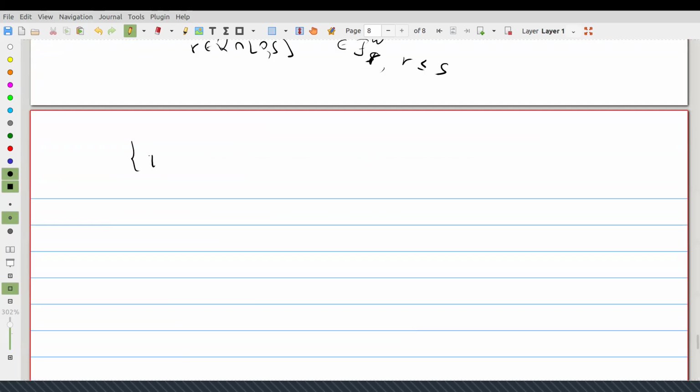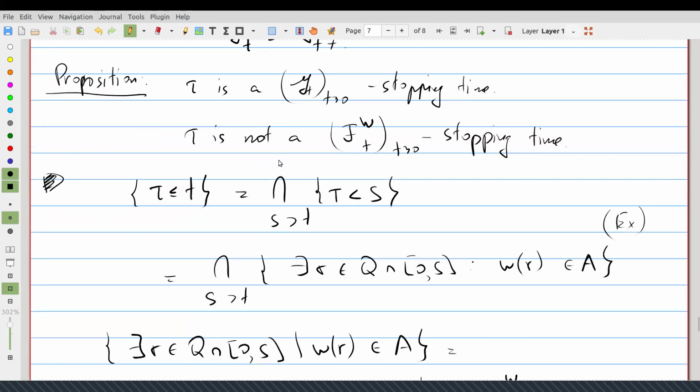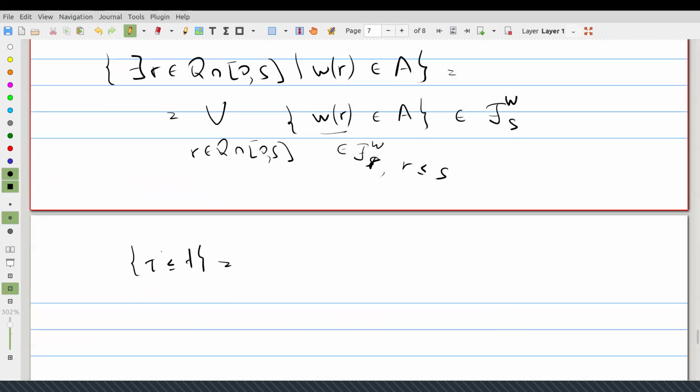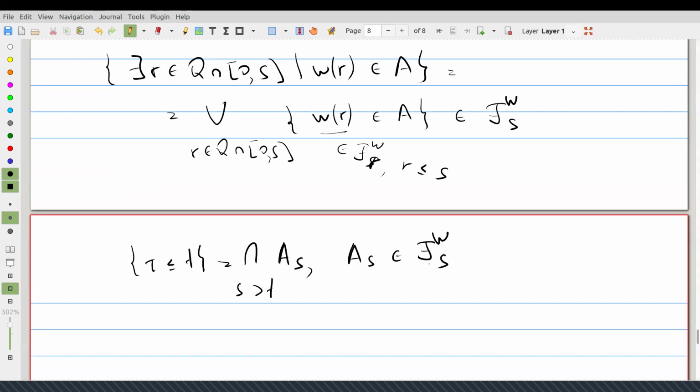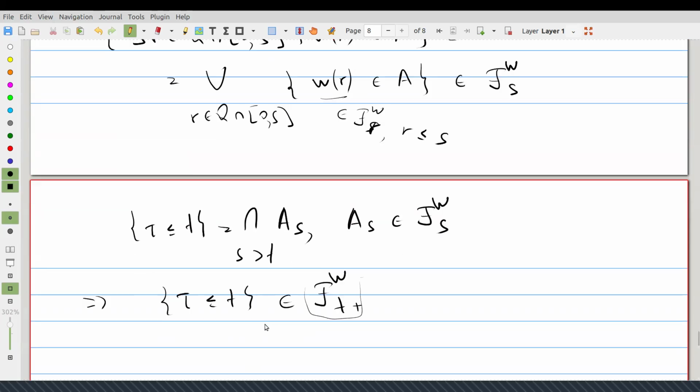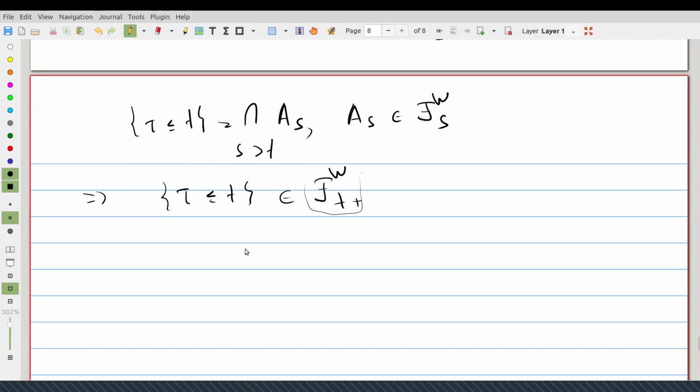So our tau less than t can be written, because of this, as an intersection over s greater than t of A_s, where every A_s is F^W_s measurable. But this means that tau belongs to F^W_{t+} by definition of the sigma algebra. So indeed, it's a stopping time with respect to this augmented filtration, because we had to move a bit forward in time.